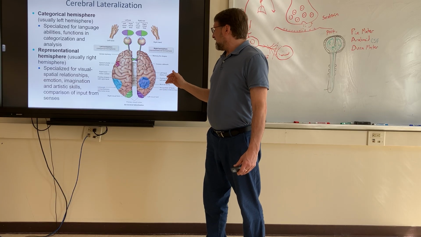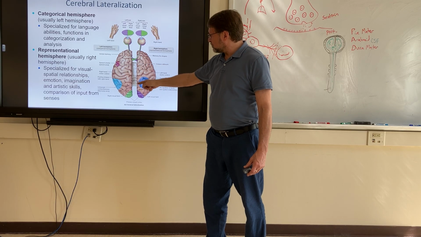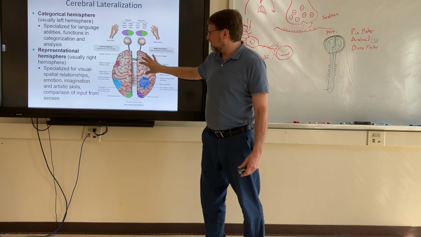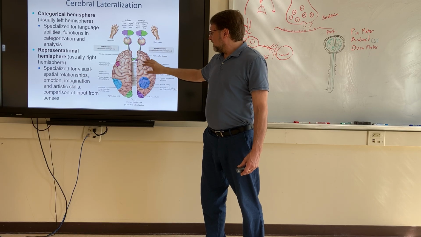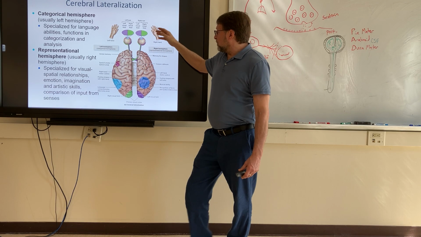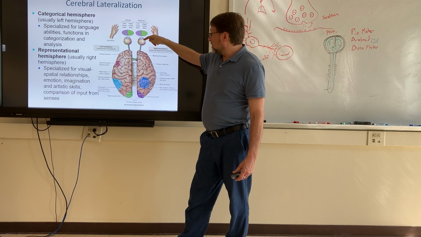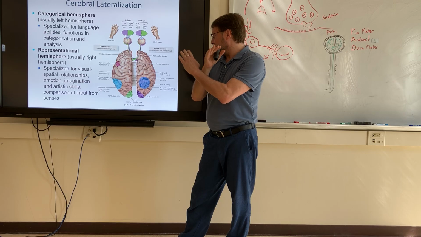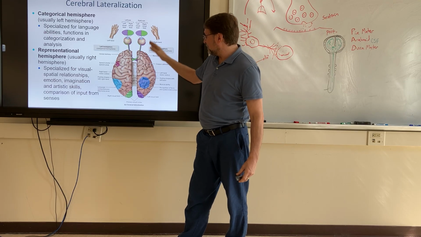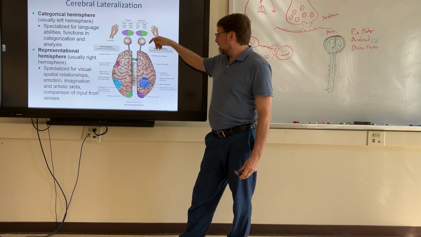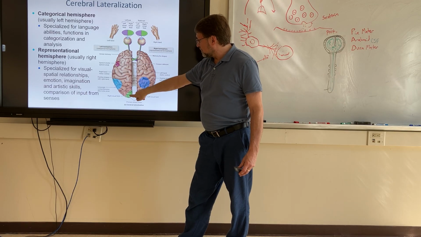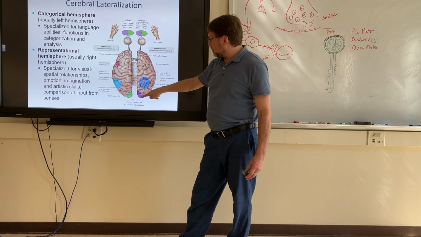You never know. So first, we see this little strip here, that's your corpus callosum. If we snip that, these two sides work differently, they don't talk anymore. You'll notice, let's take the eyes first. The eyes up here, like the brain does, are going to crisscross. And we don't really know why this happens. We think it's to diversify and give us more protection, but this right eye is going to send half of its information here to where it's green, and half of it to there where it's purple.